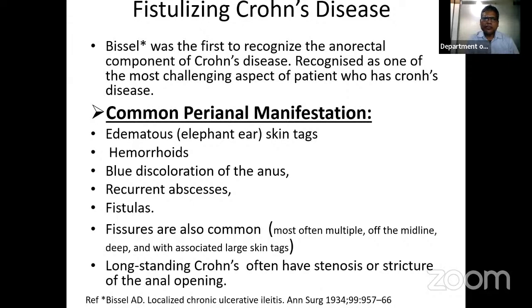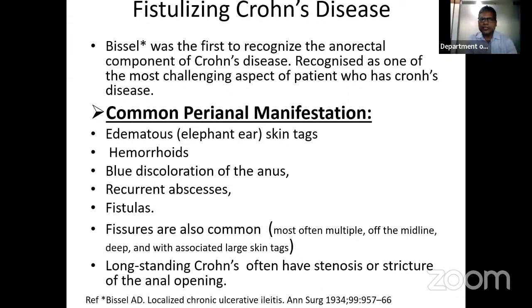The characteristics of fissures in Crohn's disease are that they are most often multiple, off the midline on the lateral aspect, very deep, and with associated large skin tags, as compared to an acute fissure. And usually it is painless. If a patient presents with pain with an underlying fissure and Crohn's, it usually suggests the pain is not because of the fissure itself but because of an underlying abscess formation.